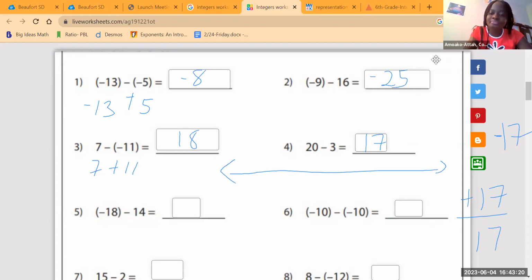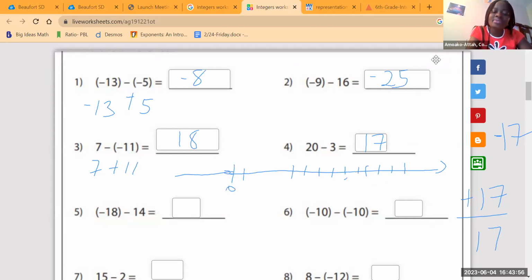So I have 20 minus 3. So let's say I have my number line. Then I have 0, 1, 2, 3, 4, 5, 6, 7, 8, 9, 10. Oh my goodness, I'll get a lot of values. Okay, let's increase it over here.